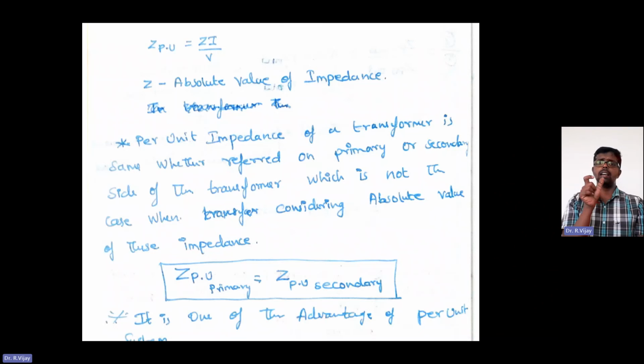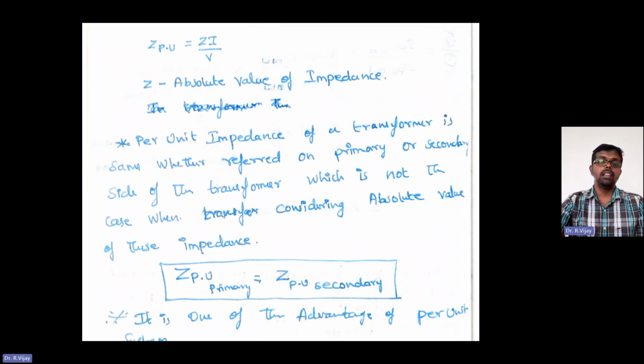The equality of per unit impedance on the primary side and the secondary side will not be applicable when the absolute values of impedance are given.